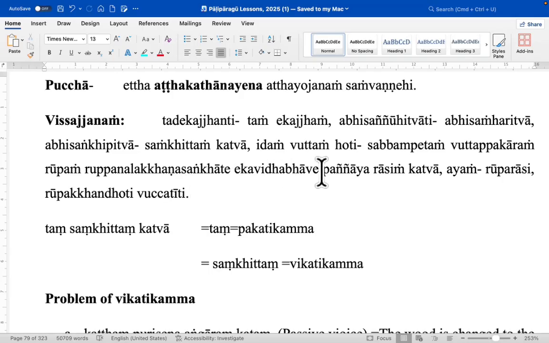Ekavidha bhavo, in the state of having one kind. Paññaya with wisdom, through wisdom, rasim katva, having grouped, having made a collection, a heap.